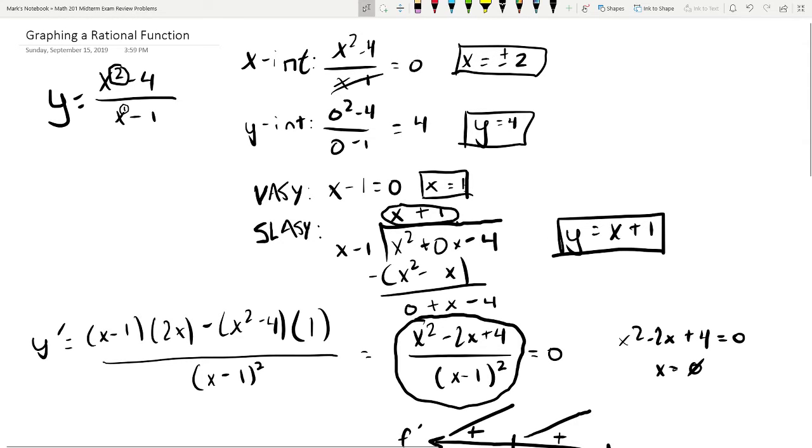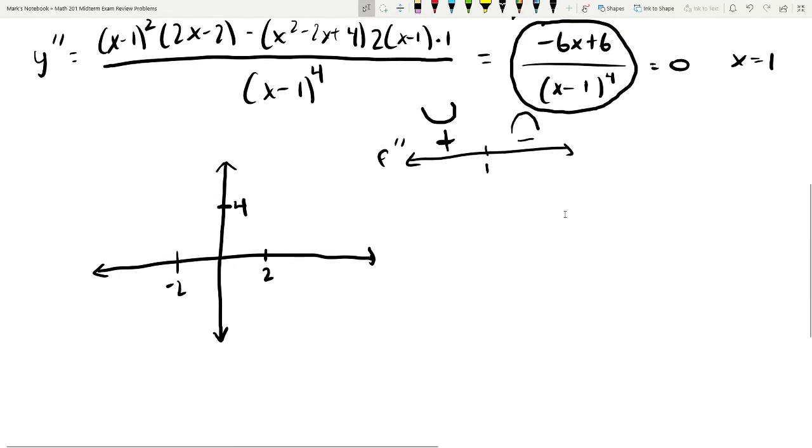We have a vertical asymptote at x equals 1, and a slant asymptote at x plus 1. All right, so here is our vertical asymptote. And then here is our slant asymptote. Okay?